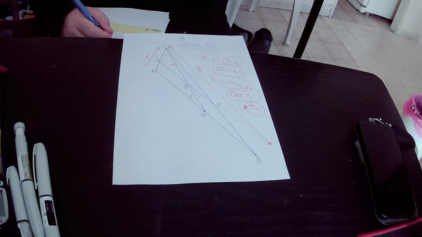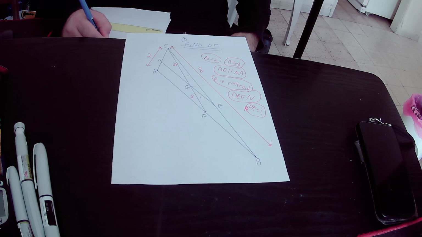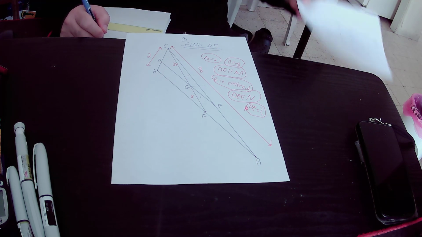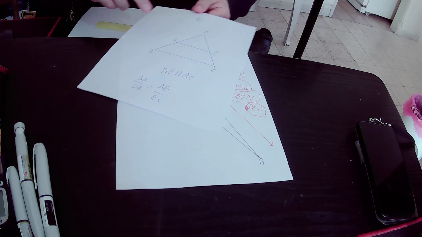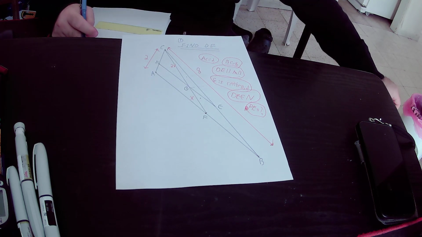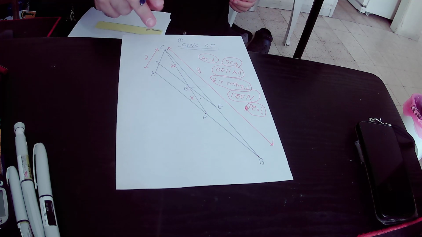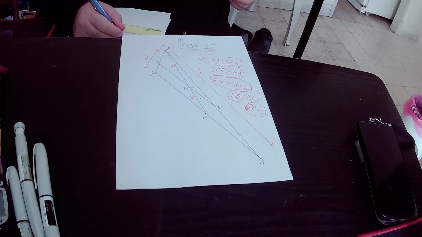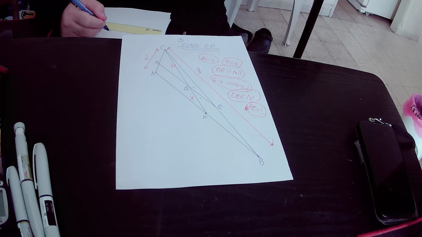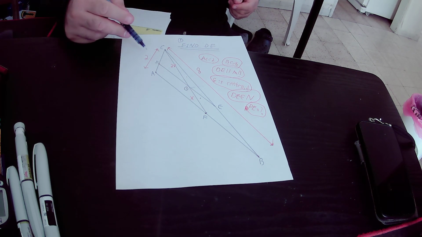Therefore, according to this rule, we can say that CD over DA equals CG over GF. Again, we relate to triangle ACF.